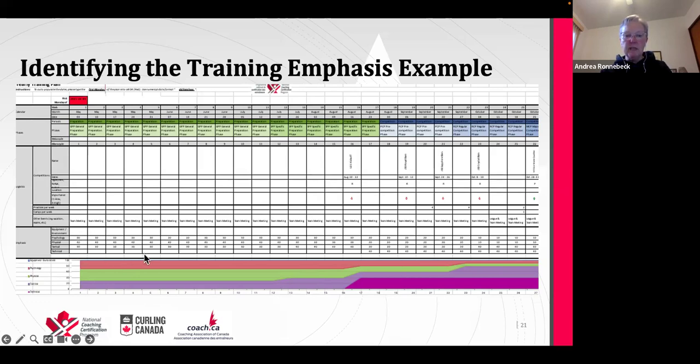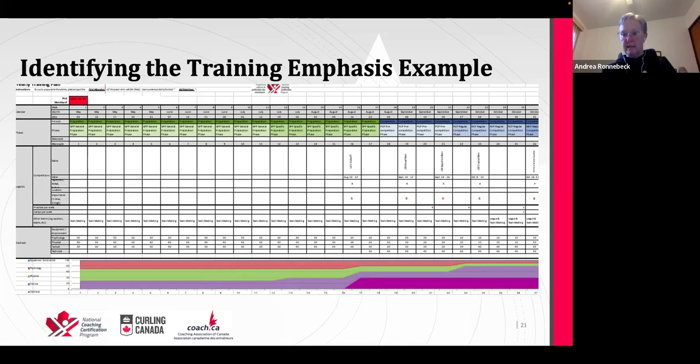So when you fill in these percentages, this graph will automatically auto-populate. So right here, this kind of pinky color is psychology, the green color is physical, purple is tactical, and this lovely grapey kind of color is technical. So it will automatically auto-populate.